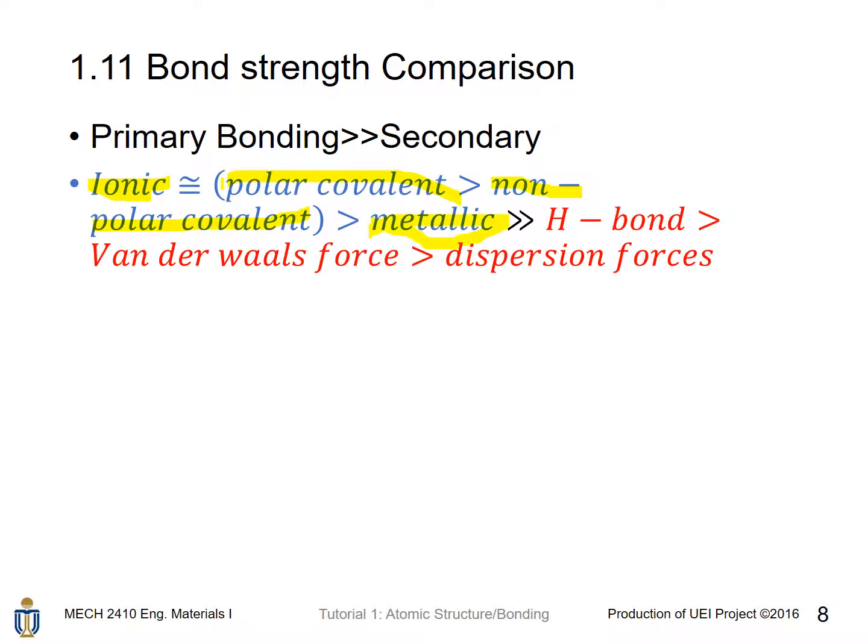All primary bondings, ionic, covalent, and metallic, are much higher in strength than secondary bondings. Hydrogen bond is higher than Van der Waals force in strength, and Van der Waals force is higher than dispersion forces.